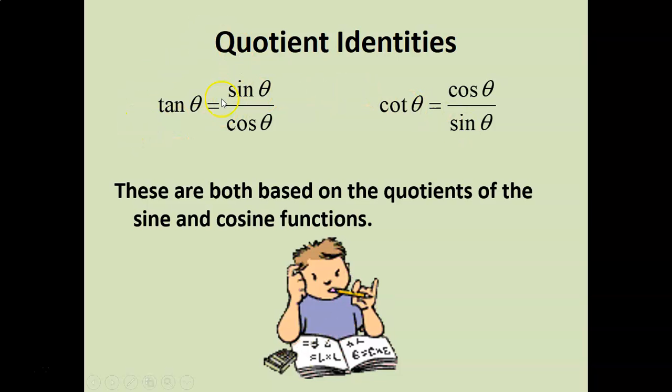So if we can take a tangent and break it down into sines and cosines, that works to our advantage. We'll look at that in a few moments. I'm getting ahead of myself a little bit, but I just want you to see the reason why we're doing this. We want to convert things to sines and cosines.